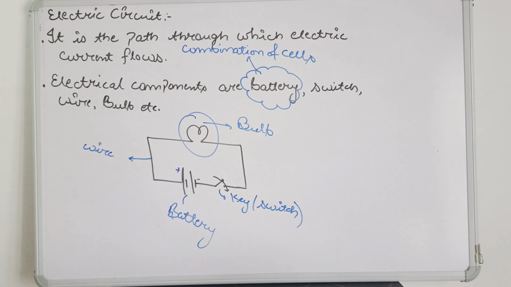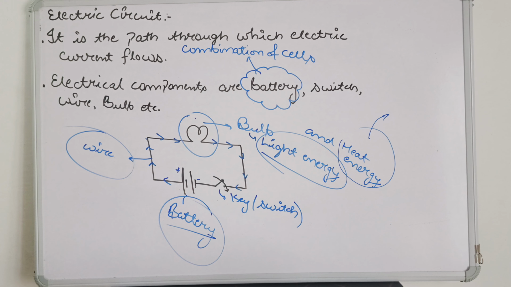This is the battery. What does the battery do? Battery converts the chemical energy into electrical energy. This is a wire. The wire must be conducting, otherwise the current will not flow. This is a bulb. Bulb is a source of light for us. If the bulb is glowing, it means there is some current flowing through it.